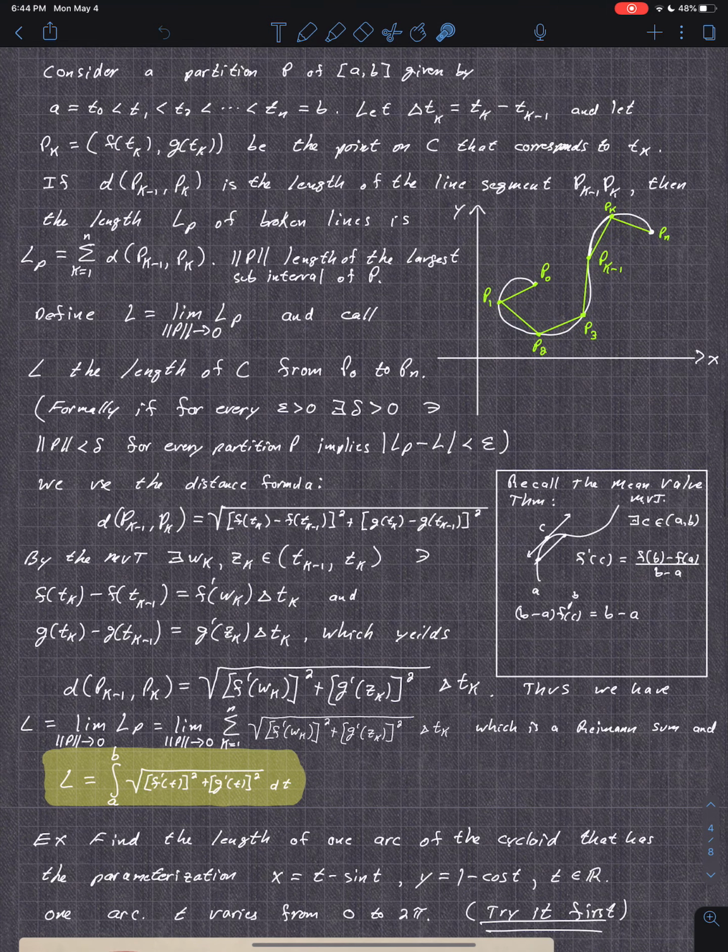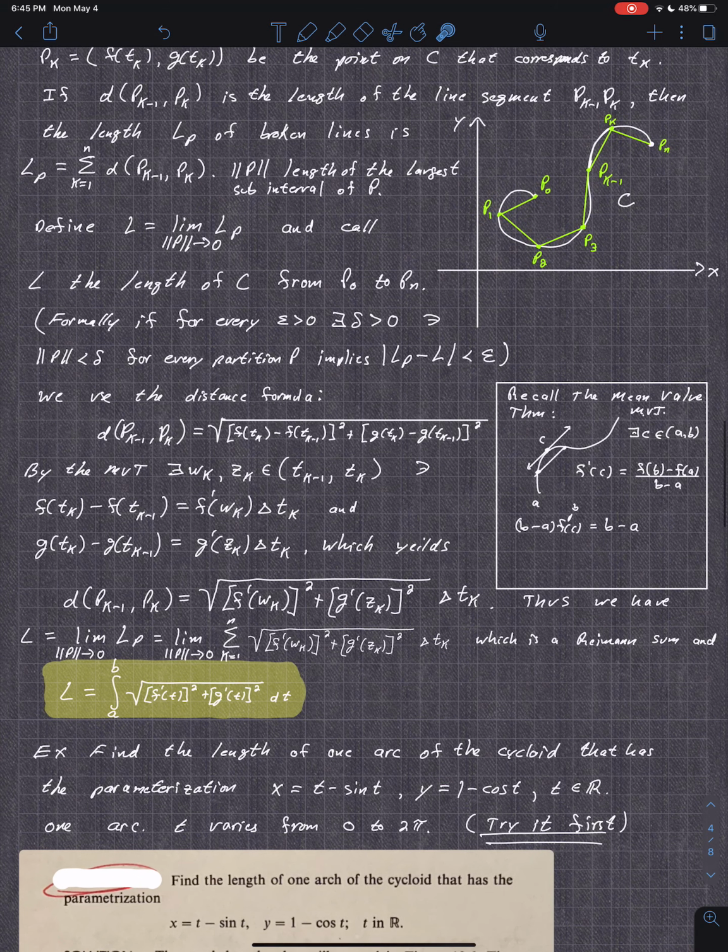And so we're going to define the length of this smooth curve to be the limit of the L sub p's as the norm approaches 0. Call L the length of C from P naught to P n. So this is C, C is my curve.